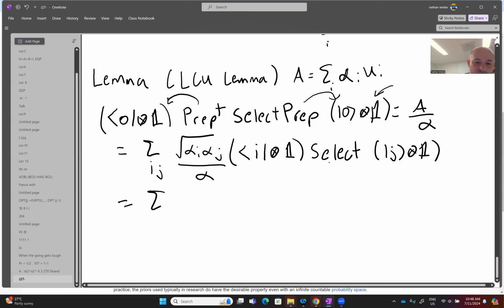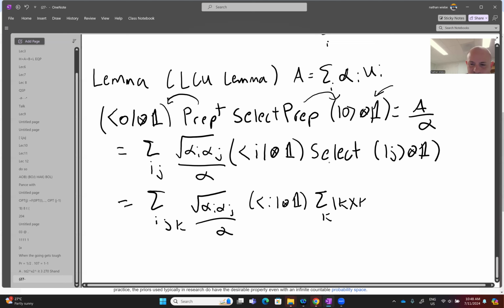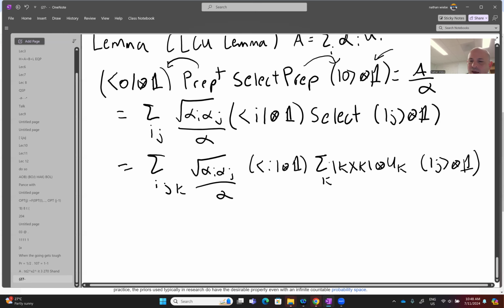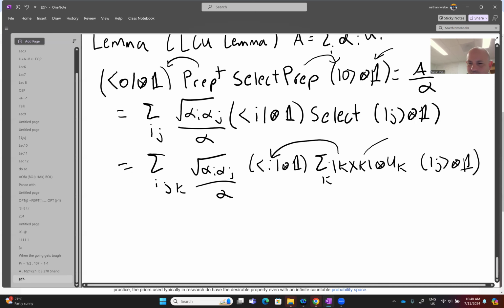And so now let's just expand the definition of the select circuit. So this will be alpha i alpha j divided by alpha, <i| tensor identity, sum over k of |k><k| tensor U_k, |j> tensor identity. Okay, now we can see from orthogonality that those two indices will be 0 unless they're both equal to k.